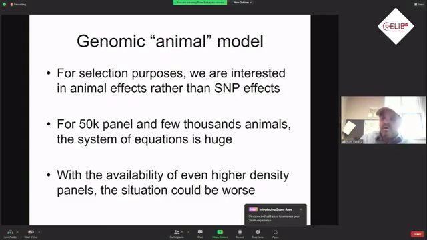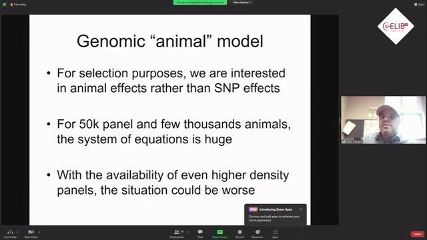Well, first of all, especially for animal and plant breeders, in the majority of the cases, and I'm not saying always, we are interested in the genomic breeding value as a selection tool. So we're not very often interested in the SNPs unless we are trying to dissect the trait. So the effect of a single SNP is not often the major goal of a genetic evaluation.